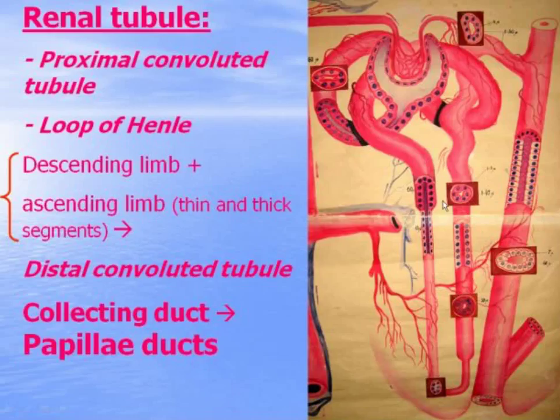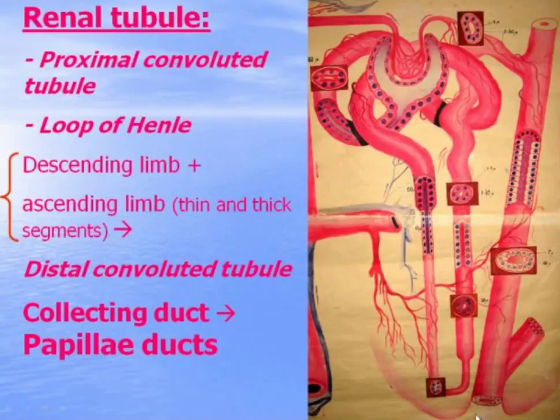Renal tubules: proximal convoluted tubule, loop of Henle consisting of descending limb, thick and thin, ascending limb, thin and thick, then distal convoluted tubule, which enters collecting ducts, and then papillary ducts.